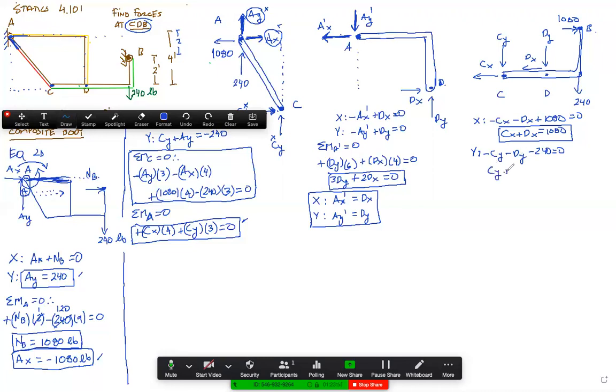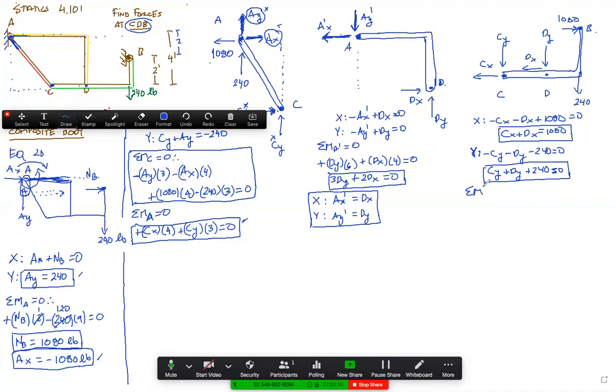Let me do CY plus DY plus 240 equals 0. It actually is not very important, but I want to manage this more easily, because I can get into complications when the numerical part comes in.